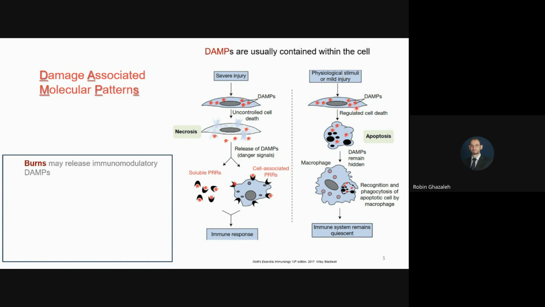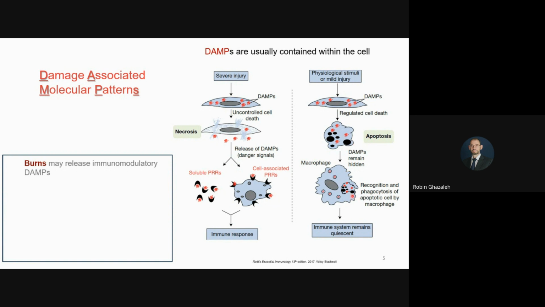Normally, under controlled conditions of cell death, where cell death is actually regulated, these intracellular components are not released, and the DAMPs, the danger-associated or damage-associated molecular patterns, are not exposed. During apoptosis, the cellular contents are first of all degraded and also gathered together within granules, which are then phagocytosed by macrophages within that cell.